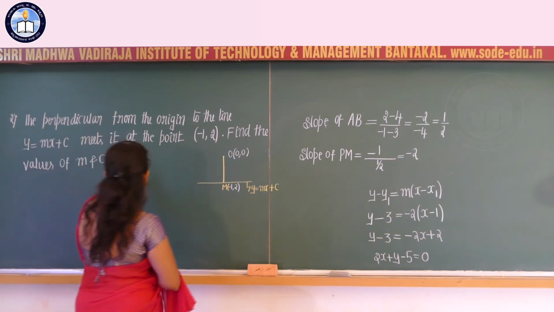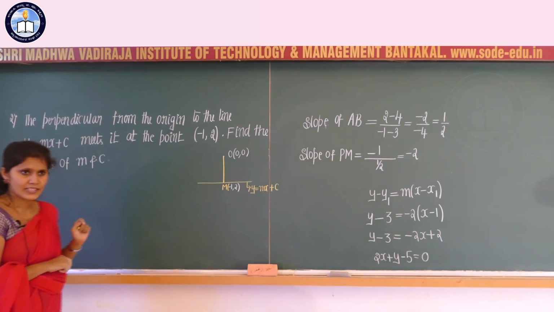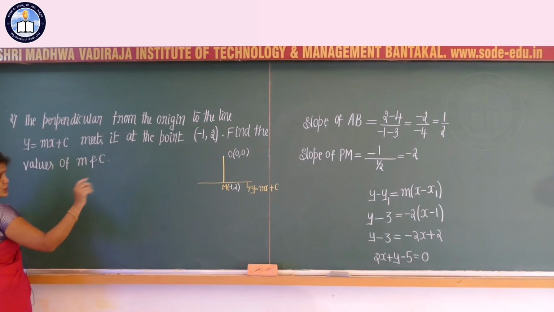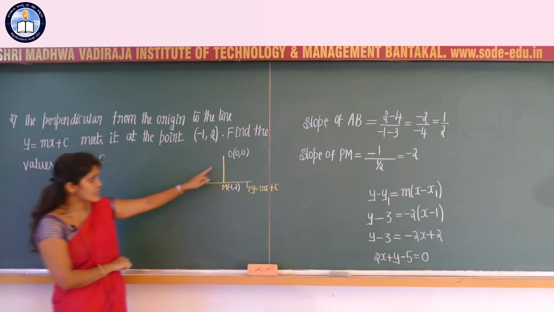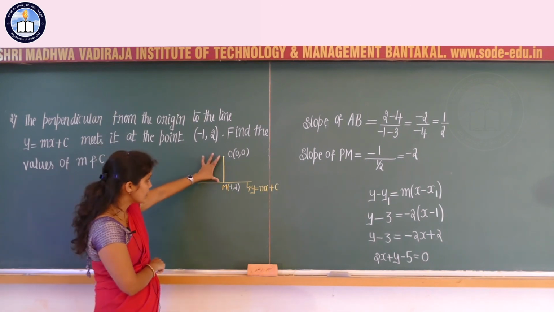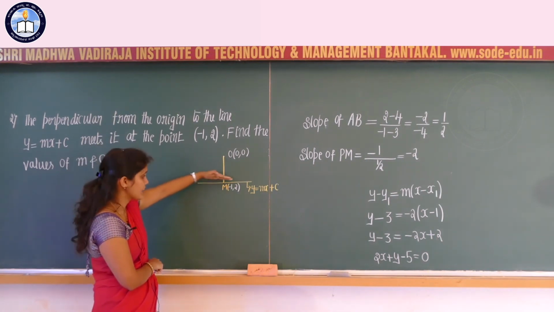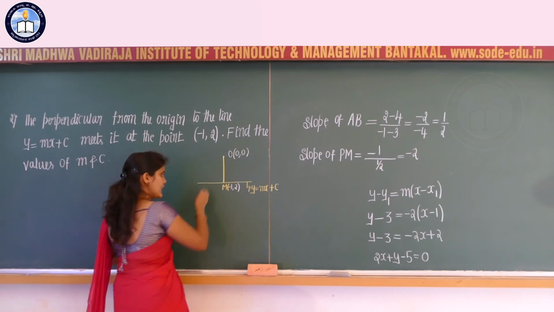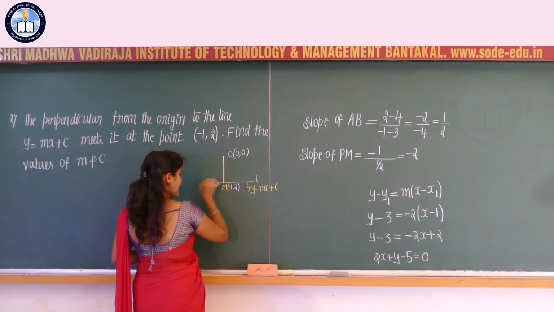We should get the values of m and c. Clear? So since these two lines are perpendicular to each other, we can consider the slope of OM, and we can get the slope of this line L also.